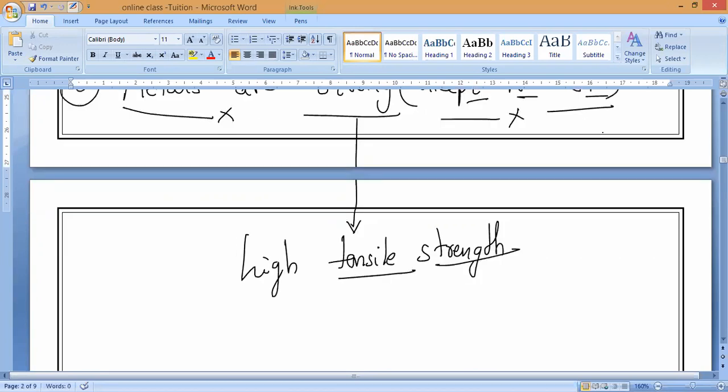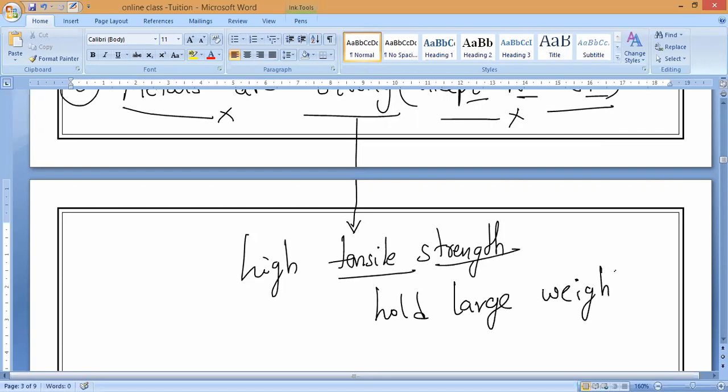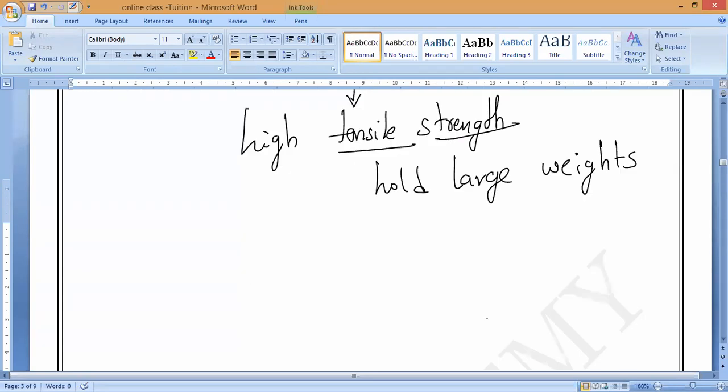So what do we mean by tensile strength? Holding large weights without breaking.